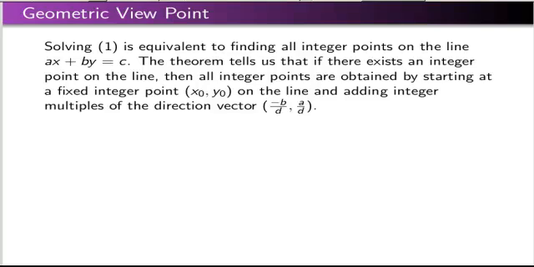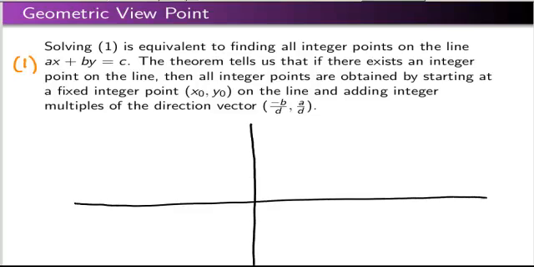Now let's look at the geometric point of view here. Solving the equation 1, which I've written again right here, is equivalent to finding all integer points on this straight line, ax plus by equals c. So we have some line in the plane, maybe like that.